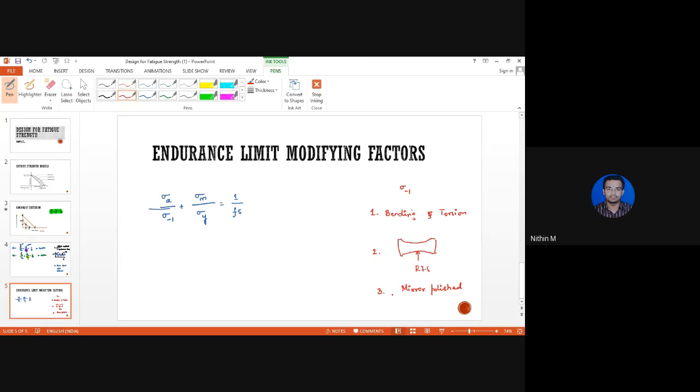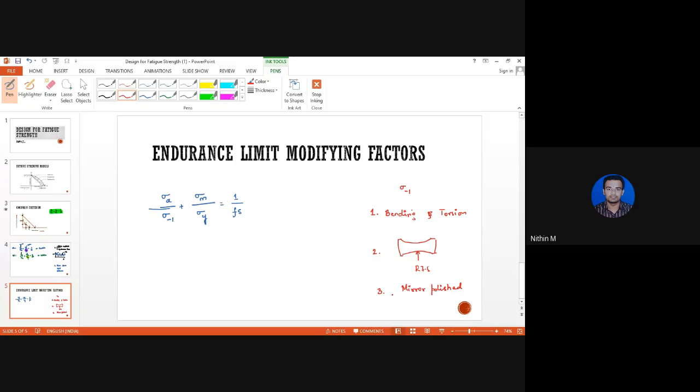So it is subjected to a combination of bending as well as axial force. Since in the test we made use of bending and torsion, we had got a specified value of endurance limit. But here, since the type of load is different, the endurance limit of the material will be modified.